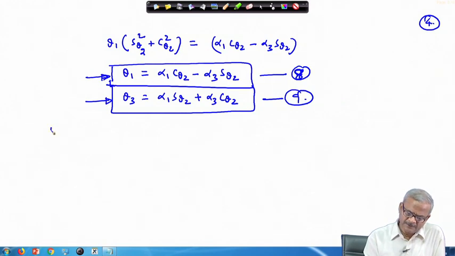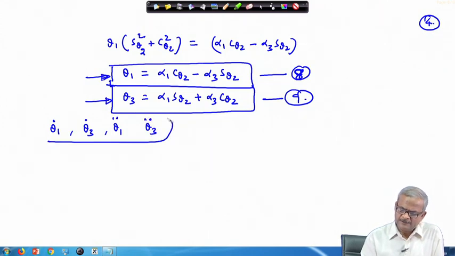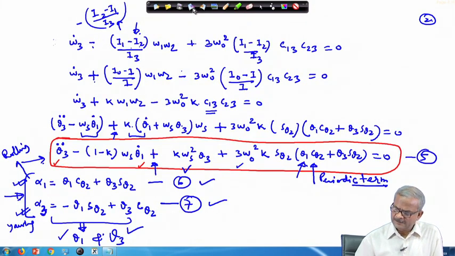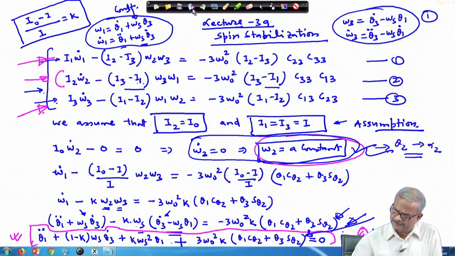Now, thereafter we need to get alpha 1 theta 1 dot and theta 3 dot, theta 1 double dot and theta 3 double dot, and these terms then need to be inserted into the expressions we have got here in equation 5 and equation 4. Okay.